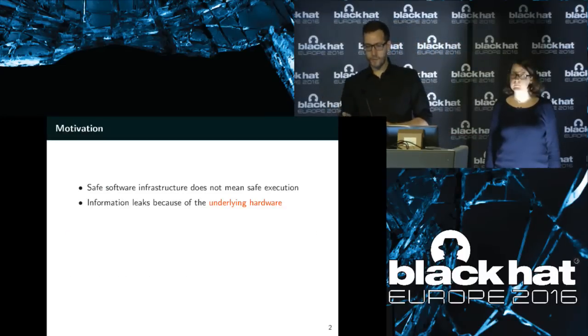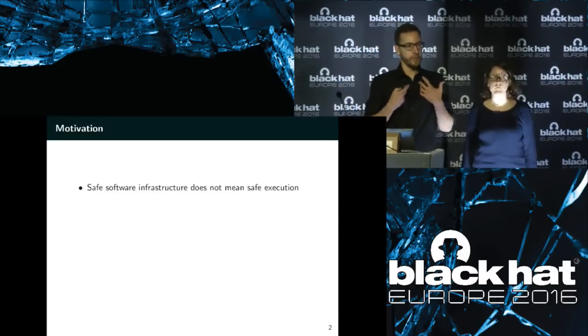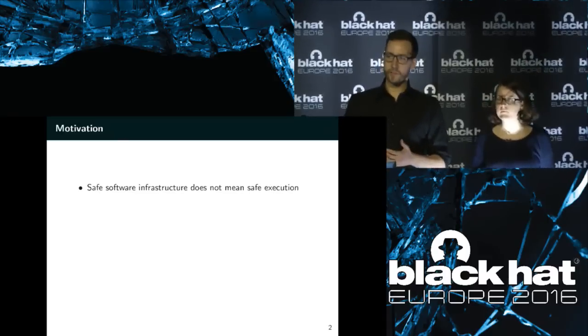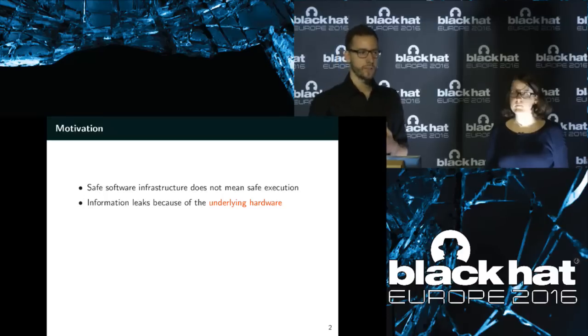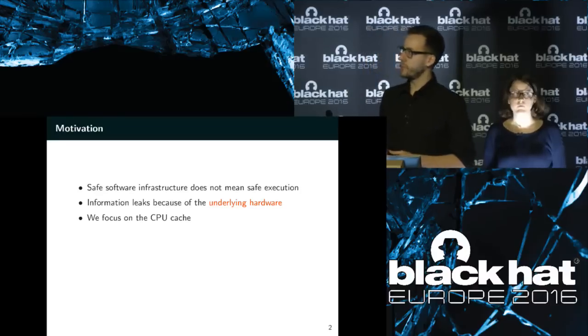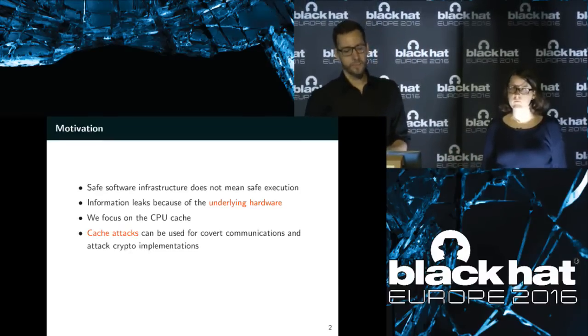In the beginning, I want to say that if you have a safe software infrastructure, meaning that your code has no bug, this does not mean that the execution will be safe, because the hardware where the software runs on may leak information. And today we want to focus on the CPU cache. Maybe you have seen in the past that cache attacks can be used for covert communication and to attack crypto implementations.